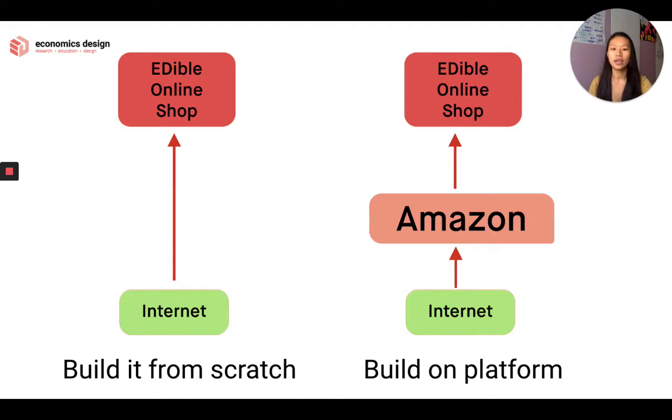The first one is we can build an online shop from scratch. That means we build a website, and it deals with the internet servers and internet protocols. We develop the website and our online shop, and then also have branding, PR, marketing and selling efforts to start distributing.